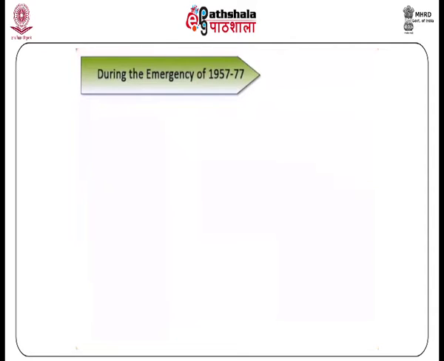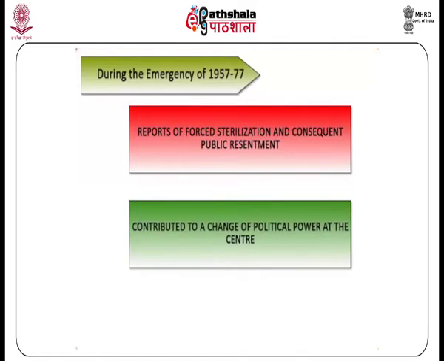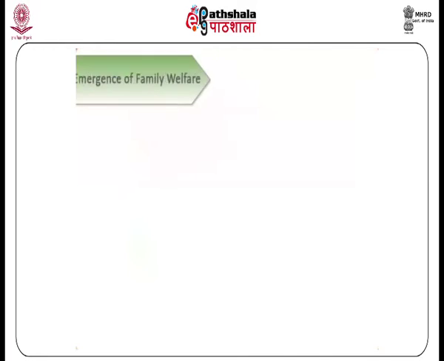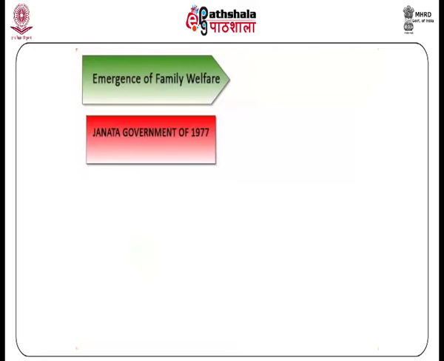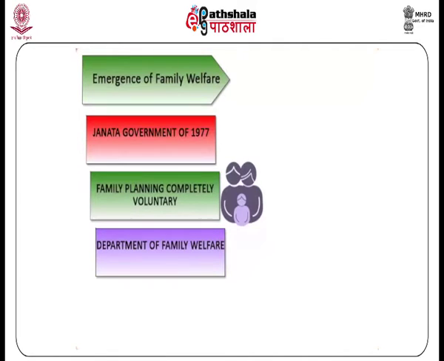During the Emergency of 1975 to 1977, there were reports of forced sterilization and consequent public resentment, which contributed to a change of political power at the center. Emergence of family welfare: the Janata government of 1977 made family planning completely voluntary and renamed the Department of Family Planning as the Department of Family Welfare.